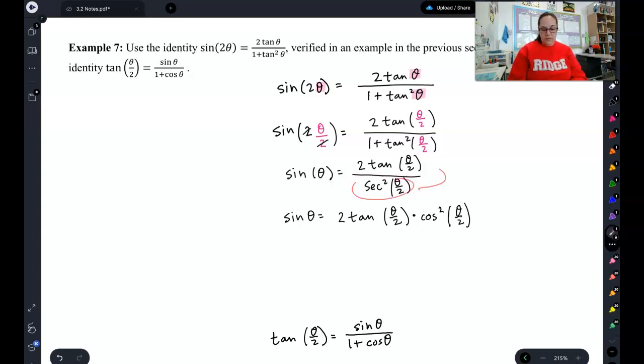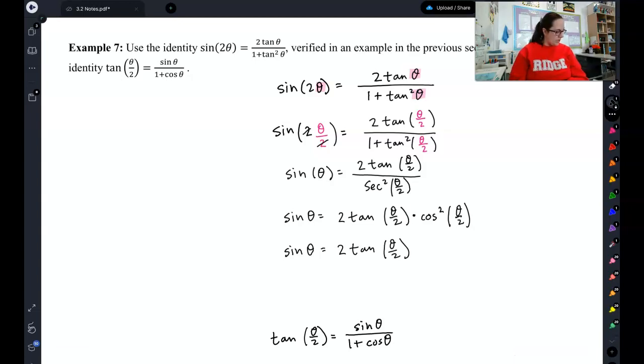So I moved the secant squared up, and it became cosine squared. Anytime you flip them around, they just become the reciprocal identity. And here, I now have a cosine squared, which I know is a power reduction identity. So I'm going to use my power reduction on this cosine squared.